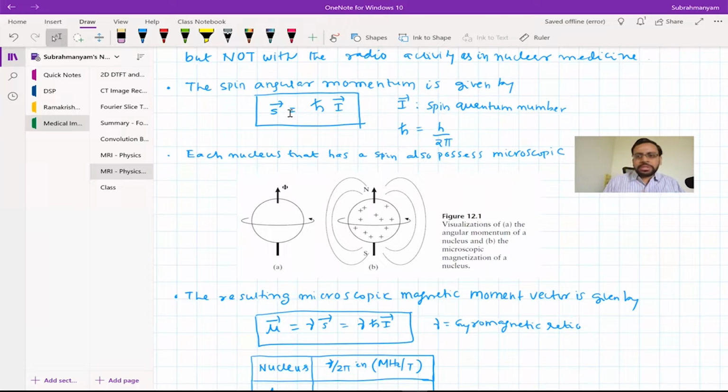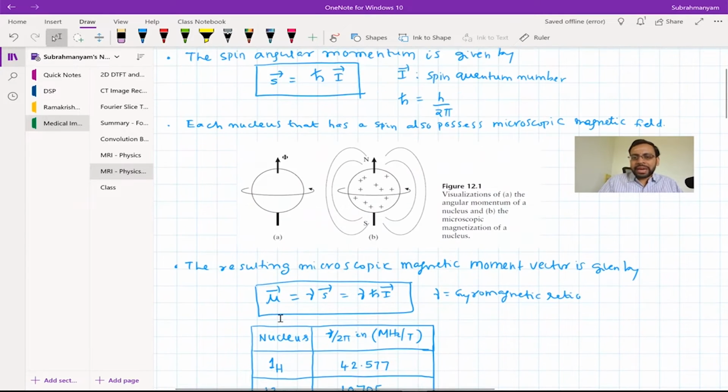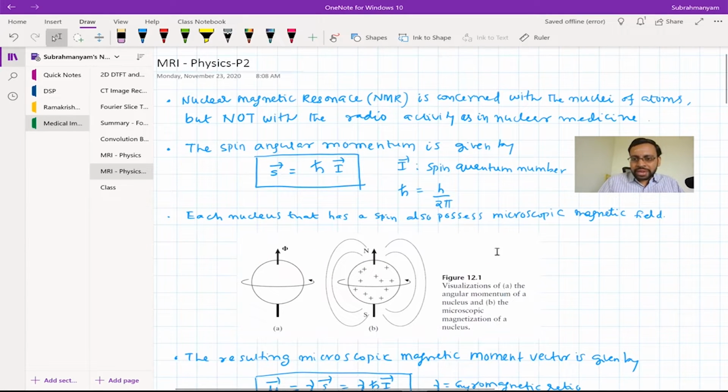Similarly, this quantum number is also a vector, I bar. If you consider a hydrogen atom, for instance, and also other atoms that we have discussed, carbon, fluorine, sodium, and phosphorus, all of them have a value of plus or minus 1 by 2 in the z direction. It has similar values in x and y as well. So that's basically your spin quantum number.